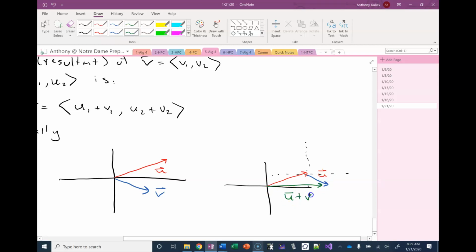Then if I draw this vector from the origin to the end of vector v, that's my resultant. So geometrically, this is what we're doing.